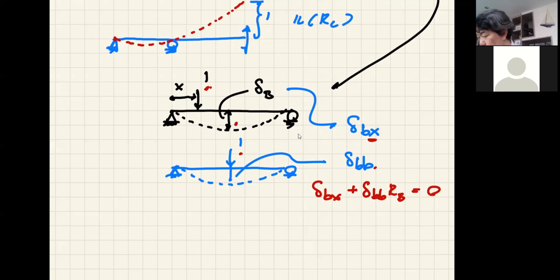Okay, so I can solve my RB, and it is going to be equal to minus delta Bx over delta BB.